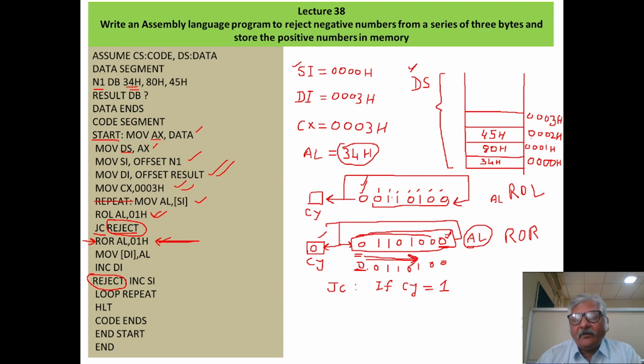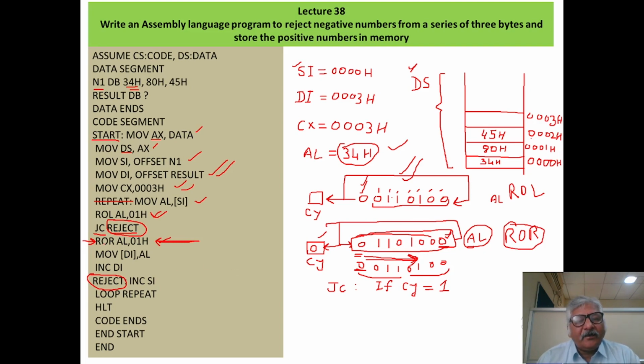So we will get this number 0, 0, 1, 1, 0, 1, 0, 0. What is this? This is our original number which was there in AL previously, that is 34. So we have to perform this ROR operation to restore our original number in the AL register.